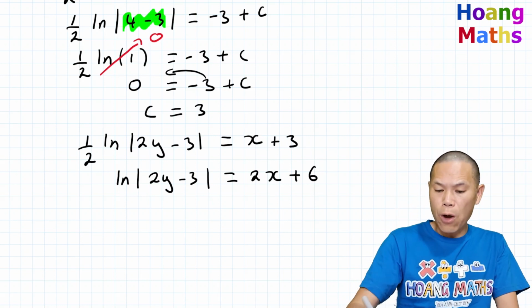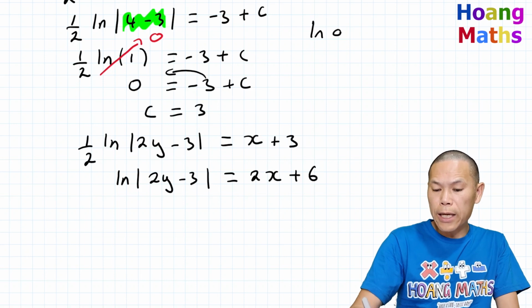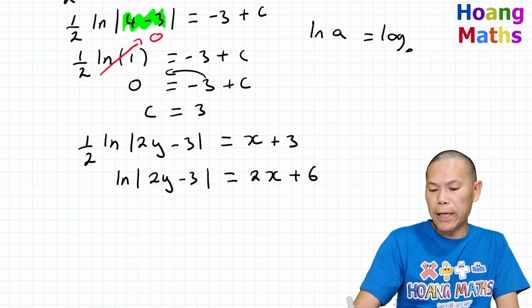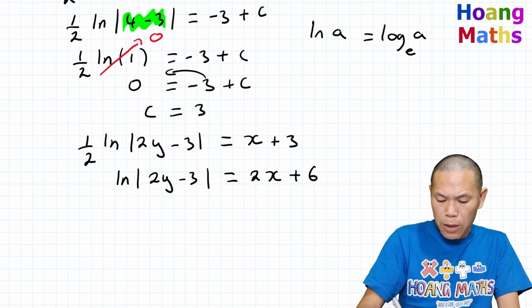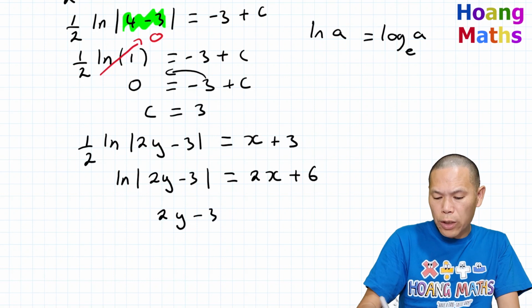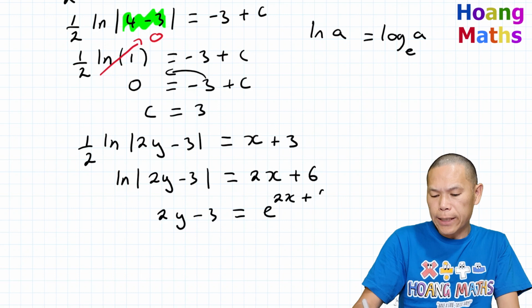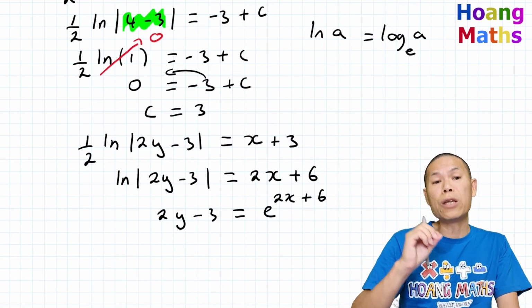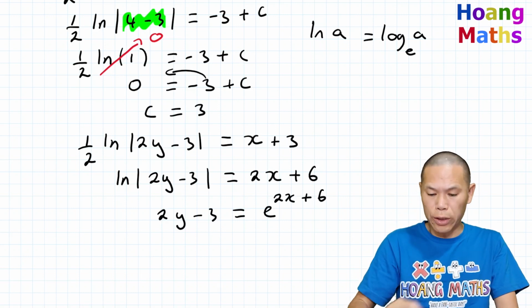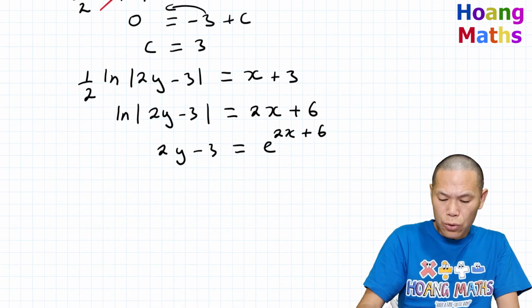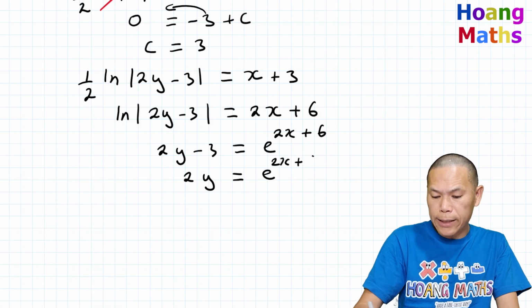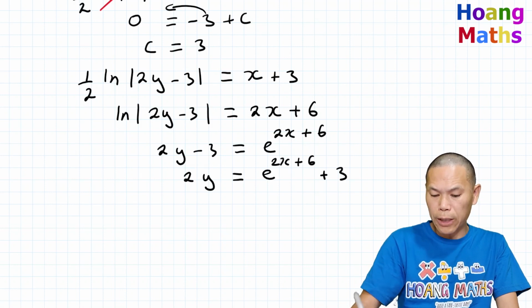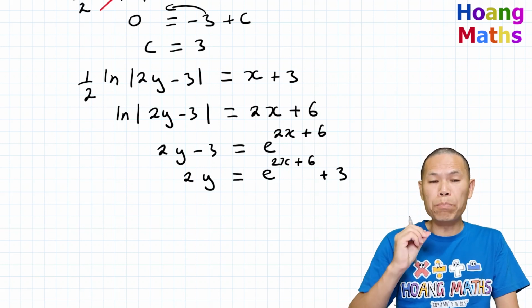Now we need to unlock it. Don't forget, ln of I is the same as log base e of I. So we unlock both sides. This will give me 2y minus 3 is equal to e to the power of 2x plus 6. I move the negative 3 to this side, it becomes plus 3. So 2y is e to the 2x plus 6 plus 3, and I divide by 2 on both sides.